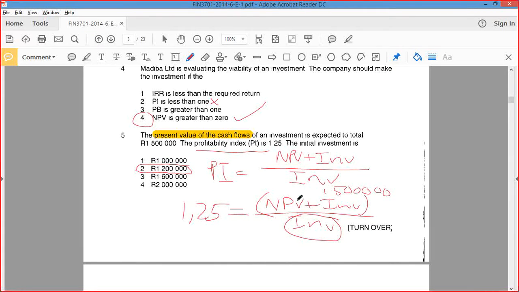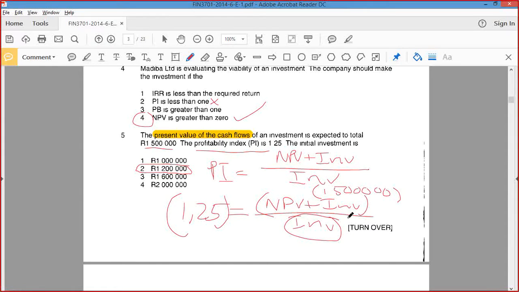Okay, cool. So this one was fine. On that one, the investment is expected to total, so they give you the investment basically. So you just do the same thing as we did the last time, isn't it? No, this one's different to the last one, because I think they gave you the NPV and you had to work out the INV.